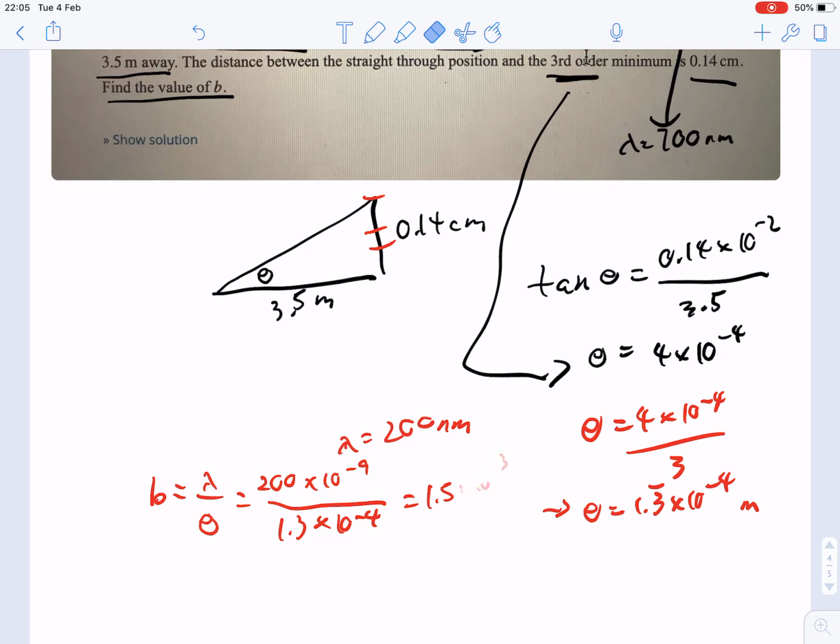I guess we can also write that as millimeters. Okay, so that is our solution.